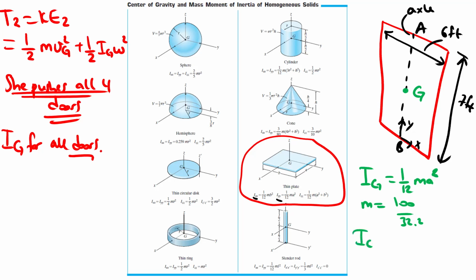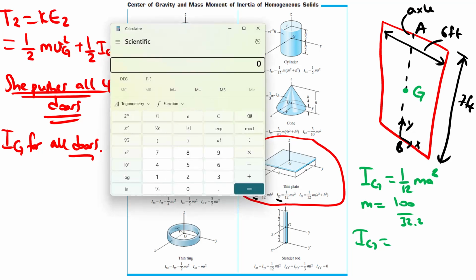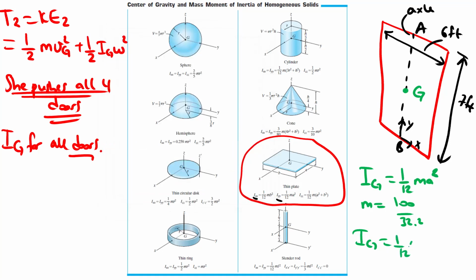And then Ig will be 100 by 32.2, that is 3.1. 1/12 times 3.1 times a squared. A is from here to that point, around axis y, that is 6 squared. So this is a around axis y. And then 36/12 makes 3. 3 times 3.1 is 9.3.